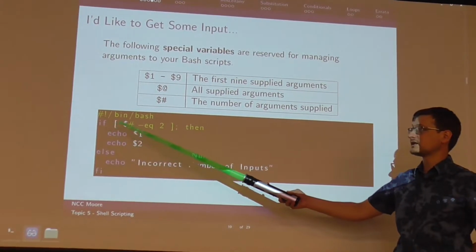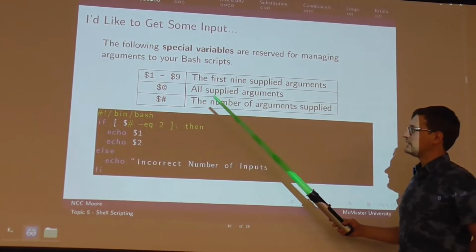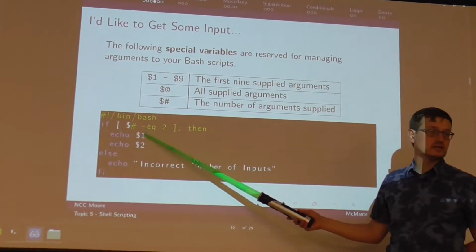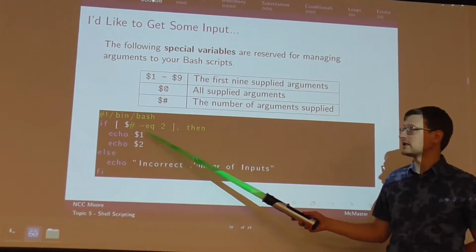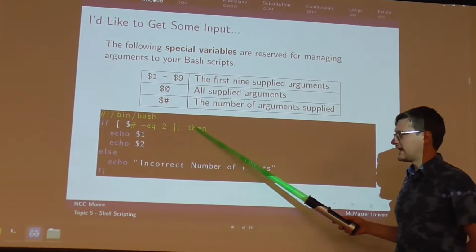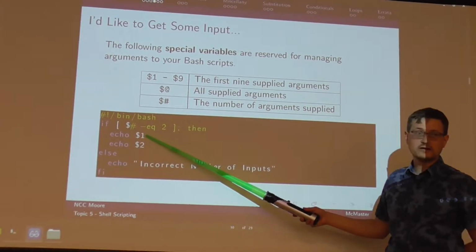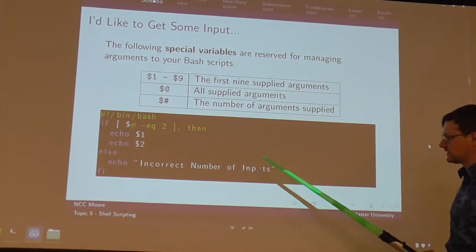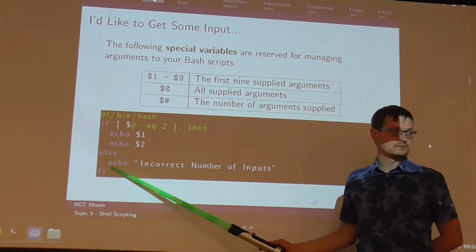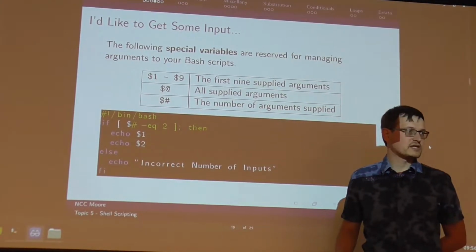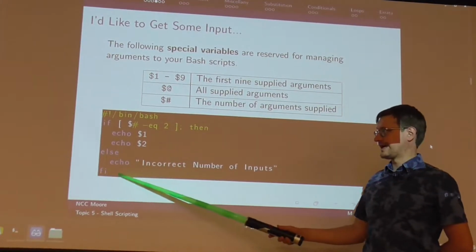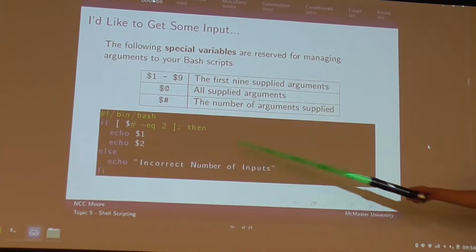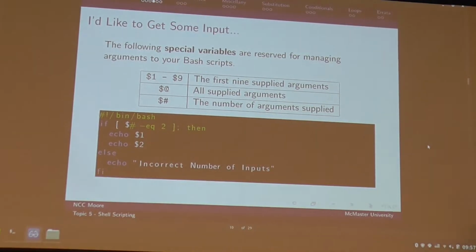We test to see if the value of the number of arguments supplied is equal to, -eq means test of equality, to 2, then echo the value of 1, echo the value of 2, otherwise echo incorrect number of inputs, end if statement. Bash has this interesting thing where if statements are ended with if backwards. Just in case this wasn't complicated enough for you.